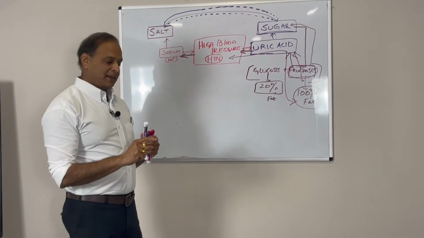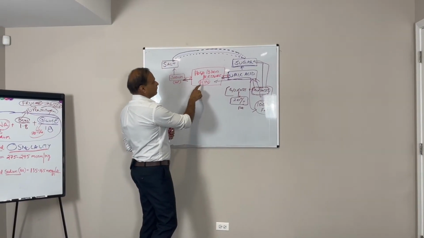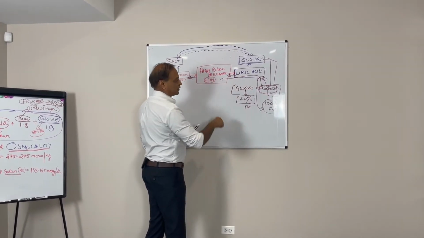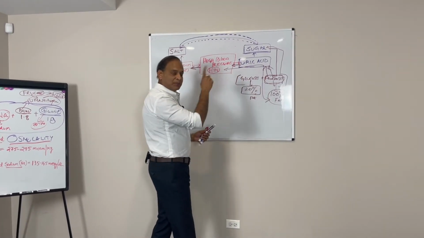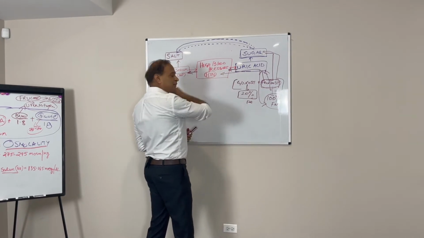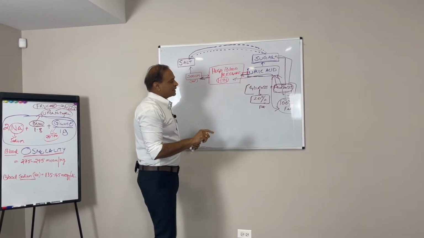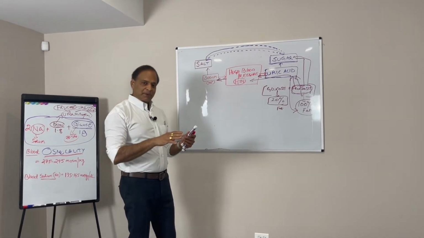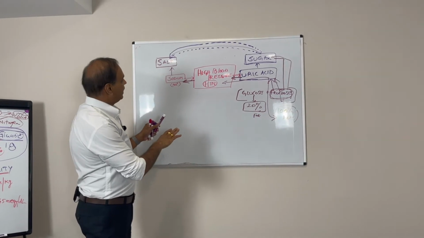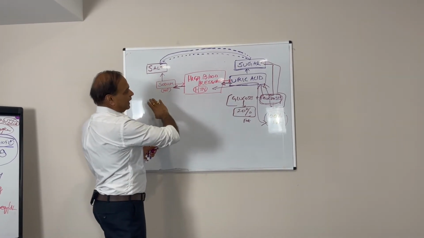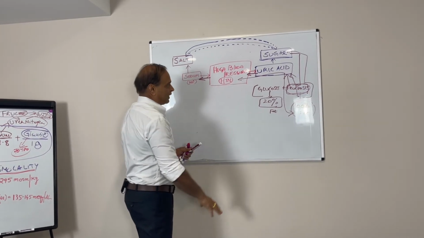To make it simpler for you, sodium drives high blood pressure, uric acid drives high blood pressure, fructose makes uric acid, and fructose makes fat. So let us try to make this simpler instead of making it very complex. We know today that salt and sugar are connected, and they drive both high blood pressure and making more fat.